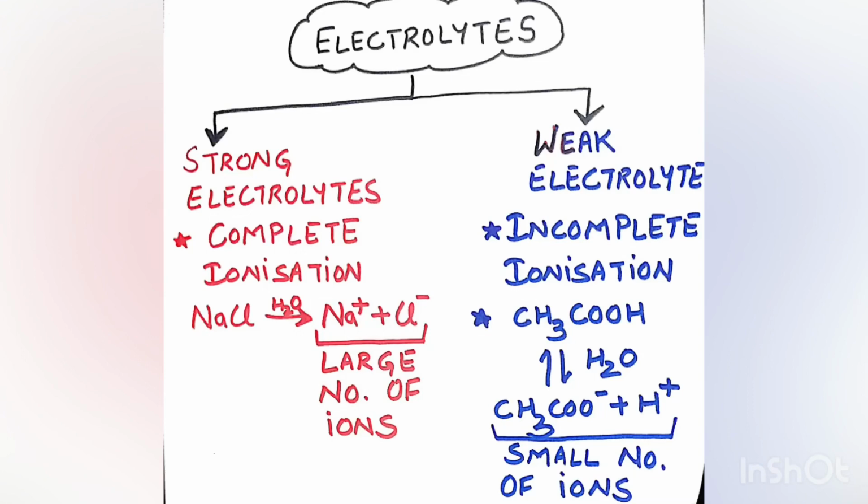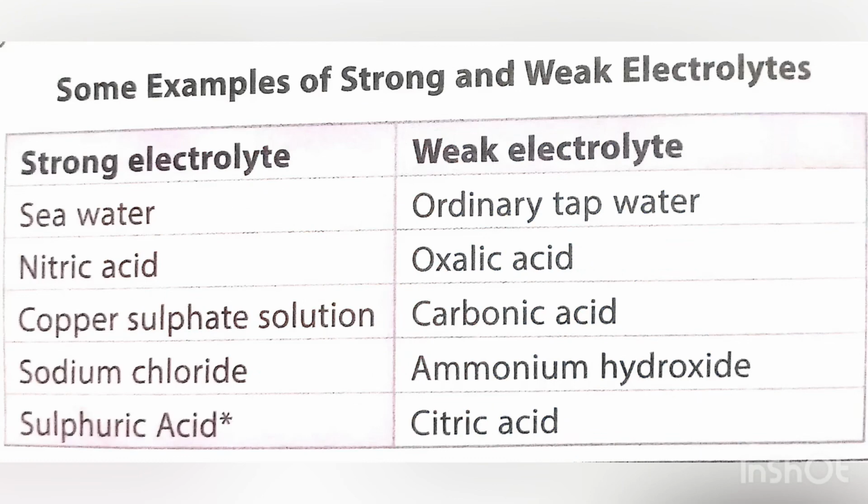If it is incomplete or partial ionization and gives a lesser number of ions, then we classify it as a weak electrolyte. Examples of strong electrolytes are seawater, nitric acid, copper sulphate solution, sodium chloride solution, and sulfuric acid. For weak electrolytes, we have the examples of ordinary tap water, oxalic acid, carbonic acid, citric acid, acetic acid, and ammonium hydroxide.